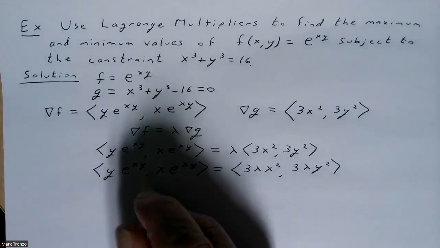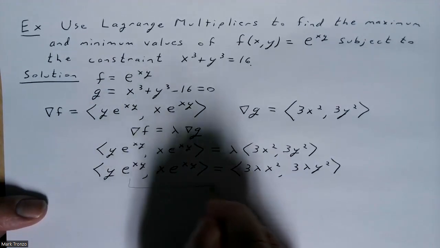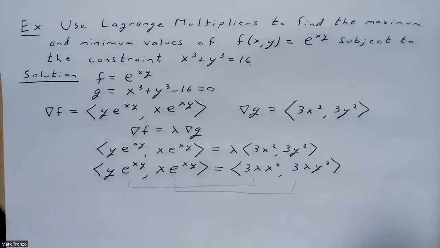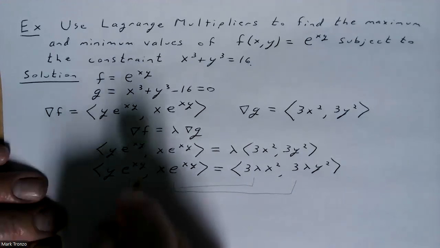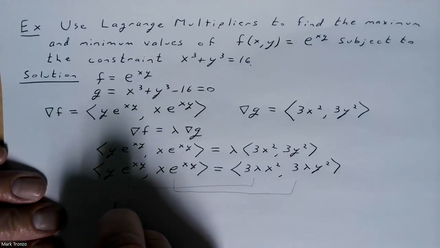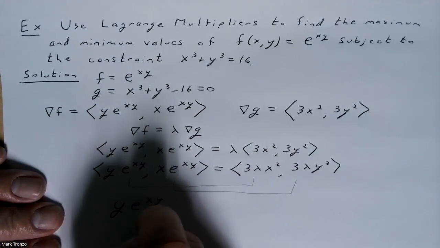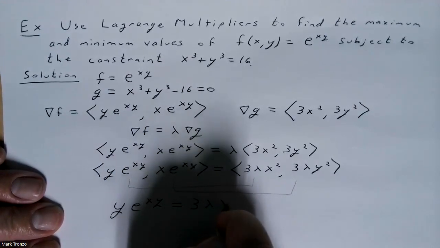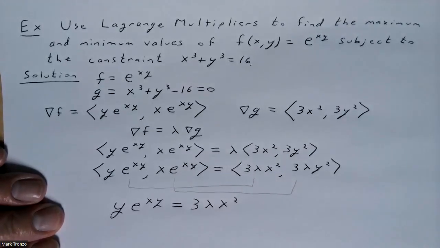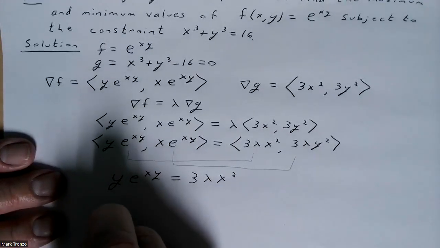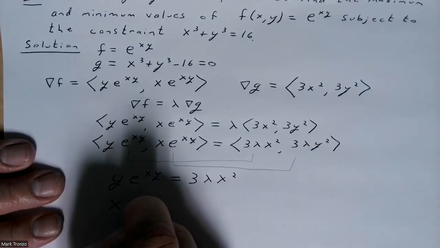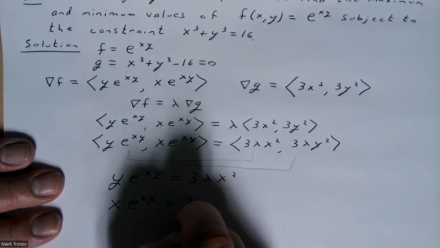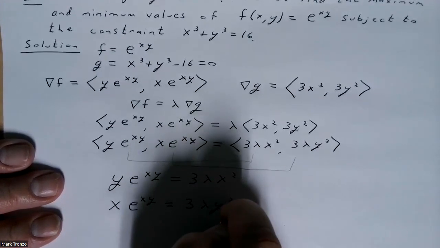And remember, make corresponding coordinates equal. And that's going to give us y e to the xy equals 3 lambda x squared, x e to the xy equals 3 lambda y squared.